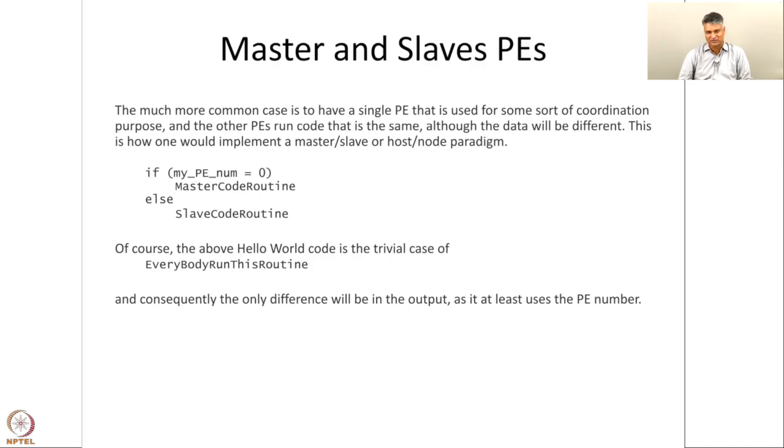If we take 2 processes, it will be 0 and 1. If we take 4, it will be 0, 1, 2, 3. So as you can see, there always exists a 0 process number, and hence it is usually convenient to denote 0 to be the master process.